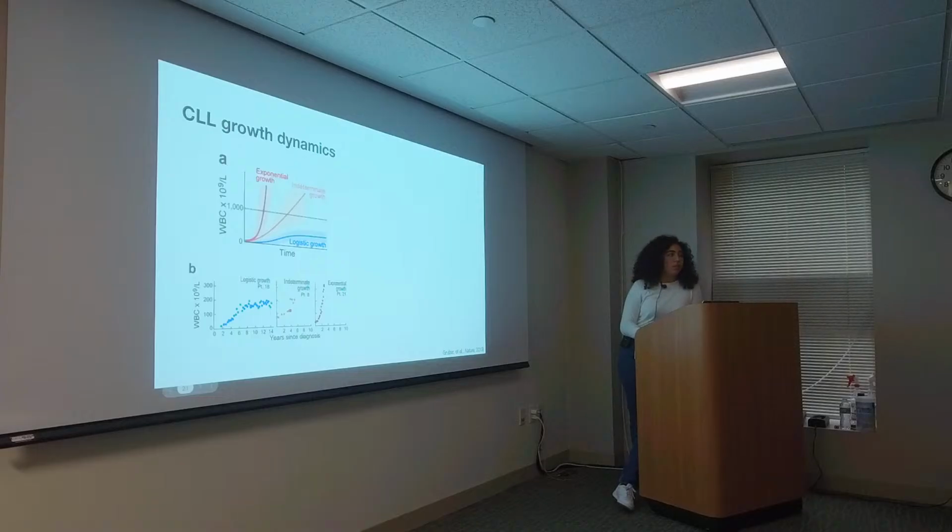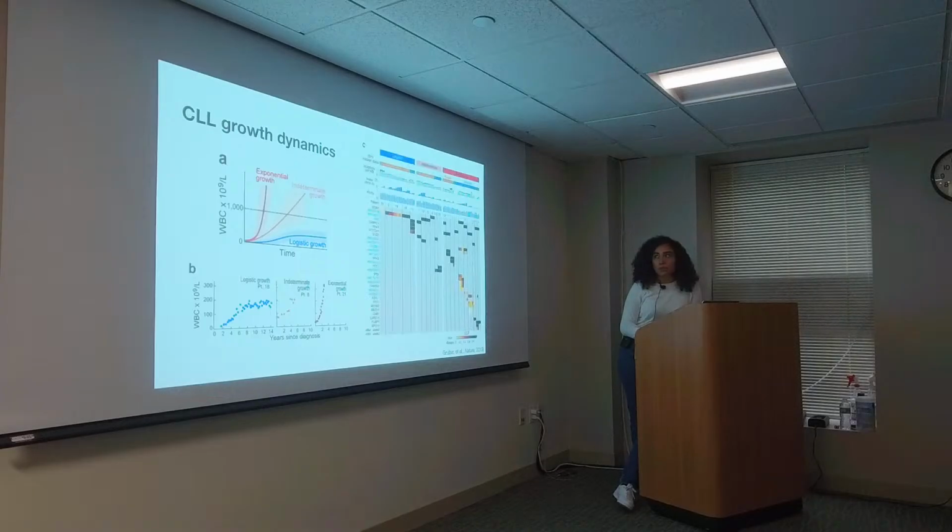And when we see it from a mutation standpoint, you can see here that the populations are very different. For example, for the logistic ones, when you see the mutated or unmutated status of the CLL, you can see that the majority of patients with logistic growth had the mutated receptor.